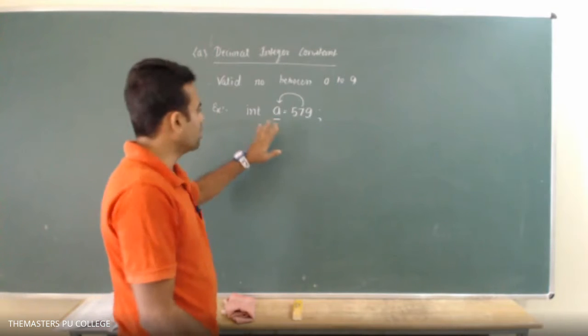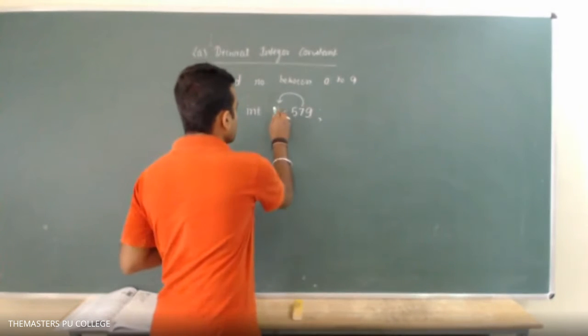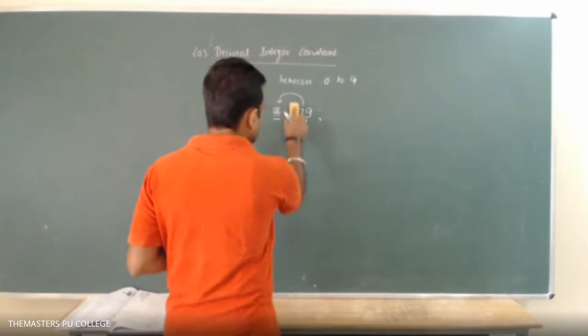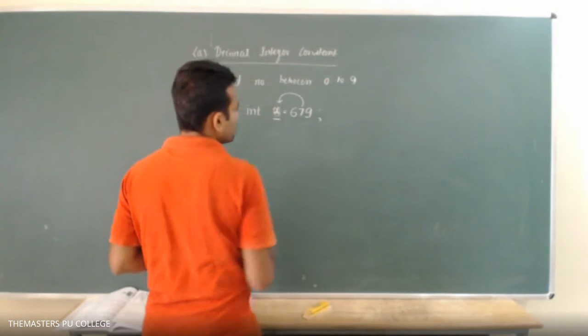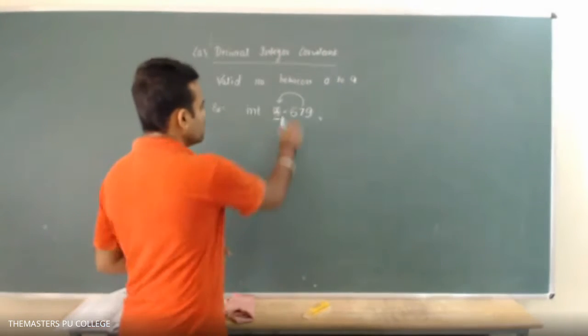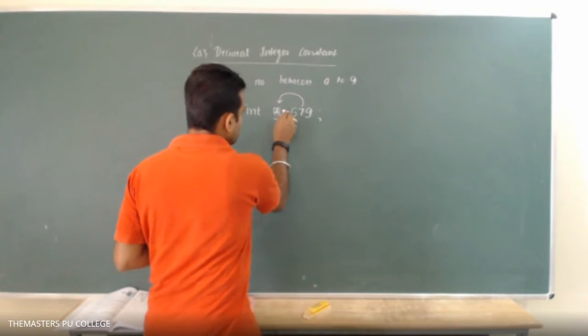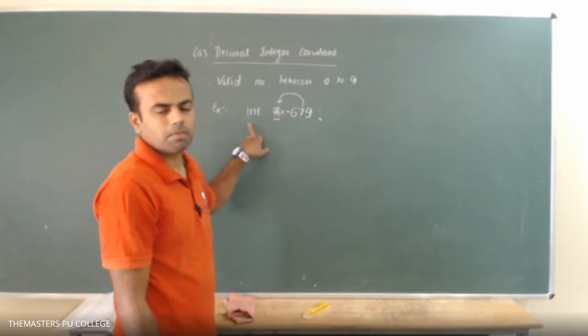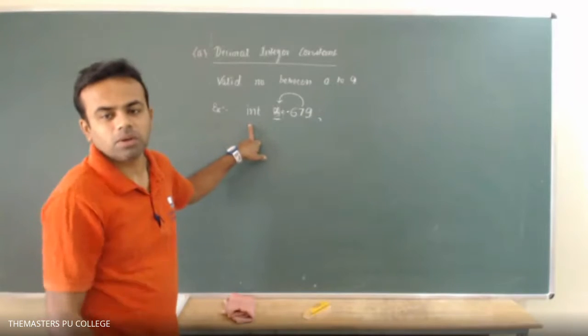Instead of a, can I use x if needed? Can I change this value to a negative sign? Yes. So what is this integer? It's a keyword or reserved word.